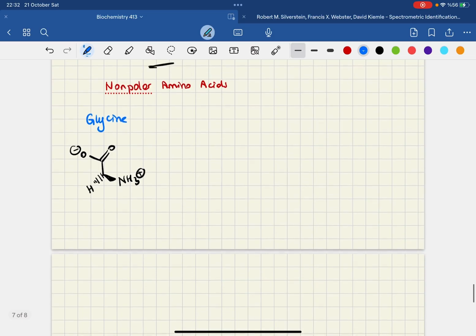Its side chain is non-polar because, as we can see, its side chain is just composed of a small hydrogen, which is obviously non-polar. And then we have alanine. Alanine is quite simple also. Its only difference is that it has a methyl group instead of a hydrogen.